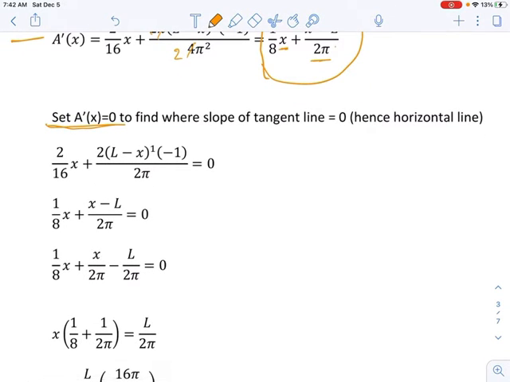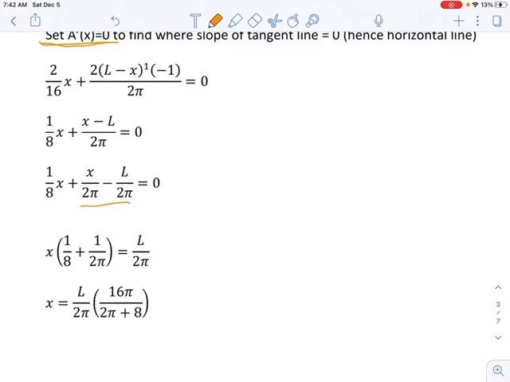So we set that equal to 0 and do a little bit of math here and get a common denominator, and we end up with 1/8 x plus x over 2 pi minus L over 2 pi. Notice that these two have an x in them, so we're going to move this to the other side and factor out an x.